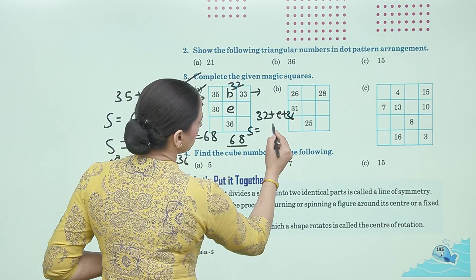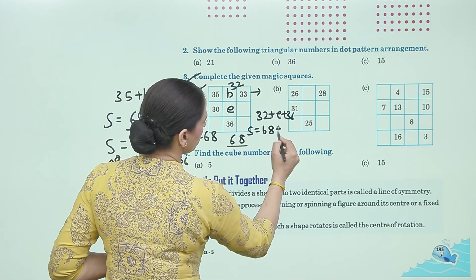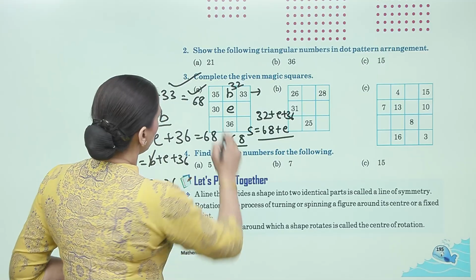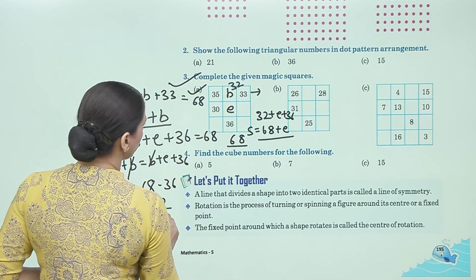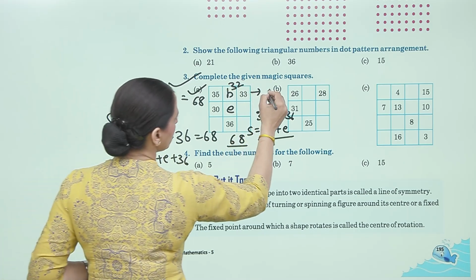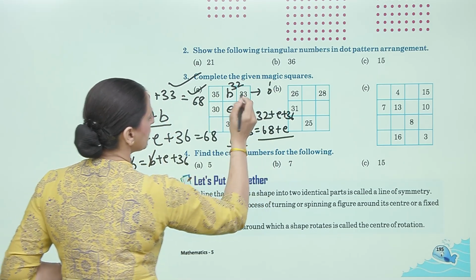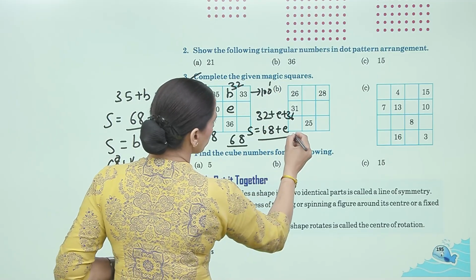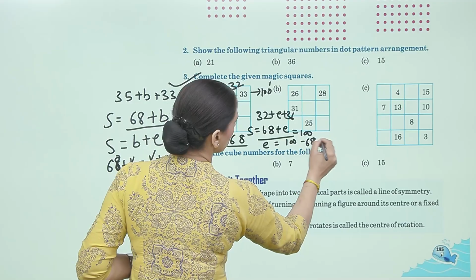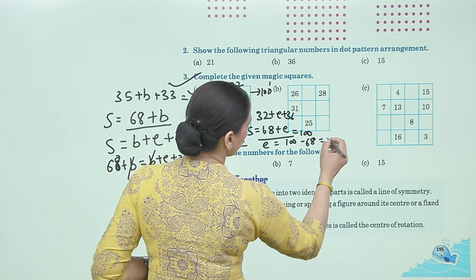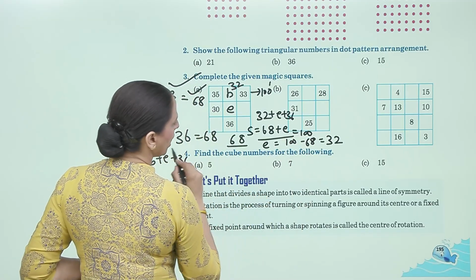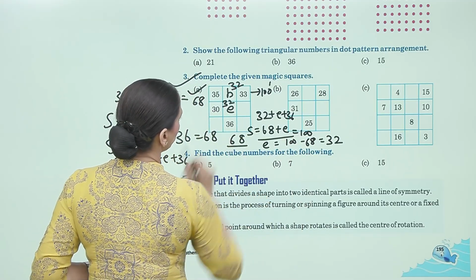So 68 plus E is equal to 35 plus 32 plus 33, which is 100. That is equal to 100. So E is equal to 100 minus 68, which is 32. Again E is equal to 32.